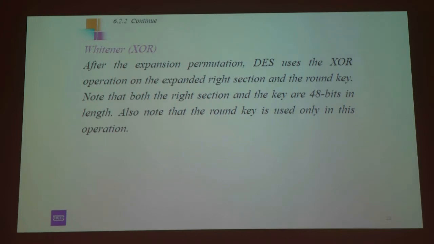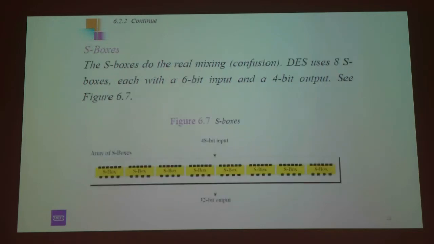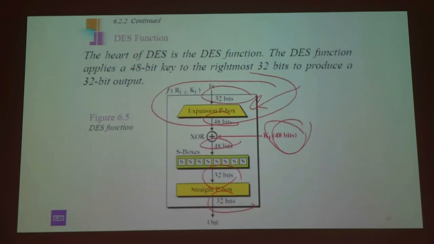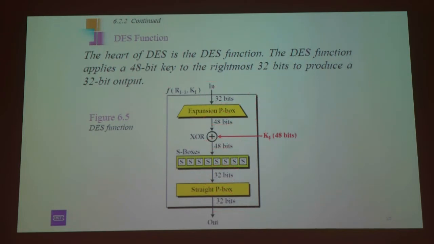Then we go to the whitener. What is the whitener? When you see whitener, it is always the XOR, right? So after the expansion happens, we do the XORing. Then after that, we'll have the S box. Where is the S box? Let me go back, just to refresh your memory.